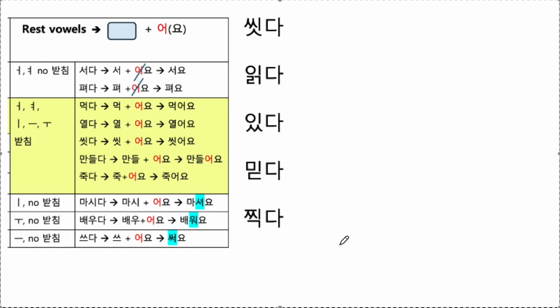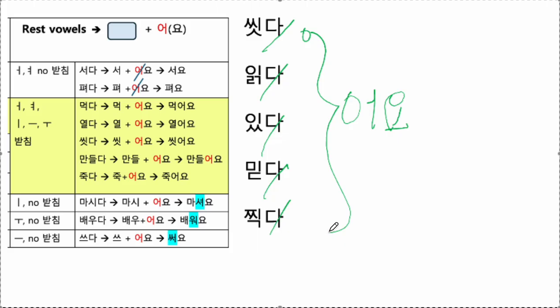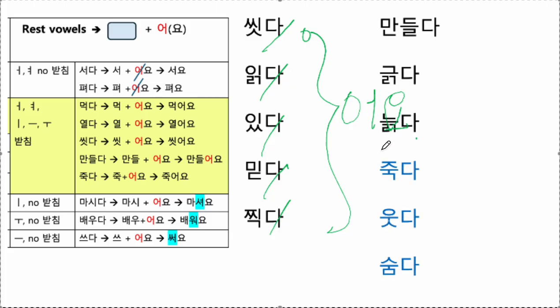Okay, the next one, same thing. It is the 이 vowel, doesn't matter. 이 and then 받침, you just still add 어요. So I'm just going to put 어요, just like that. 씻어요, 읽어요, 있어요, 믿어요, 찍어요. And then the next one.